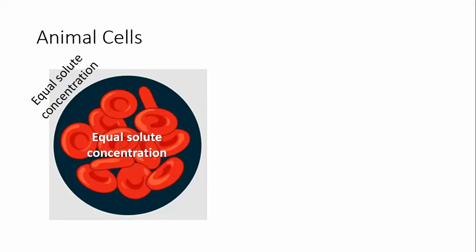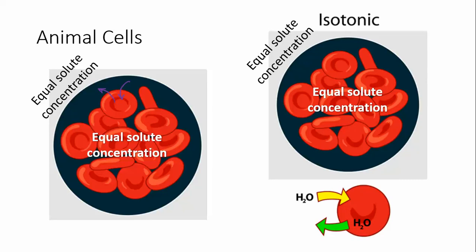So then we have our third type of concentration, which is isotonic. Equal concentrations of solution inside and outside of the cell. Well, just because they're equal concentration doesn't mean that water stops moving. Instead, it moves in both directions, but it just does so at equal amounts. So the amount of water entering the cell will be equal to the amount of water leaving the cell.